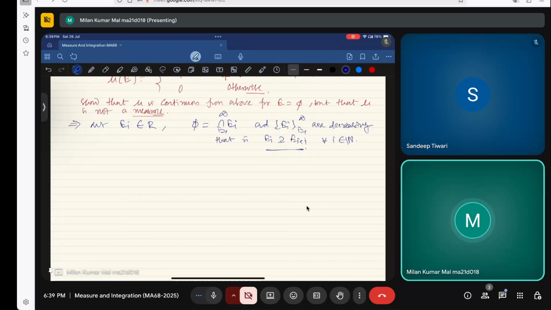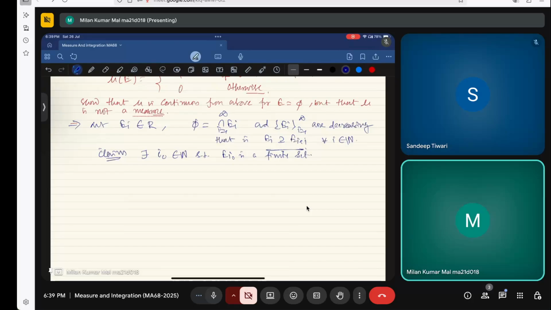So the first claim is that there exists an i_0 belonging to the natural numbers such that E_{i_0} is a finite set.